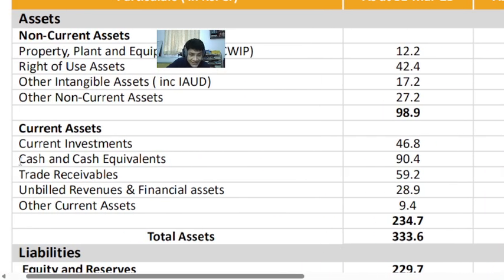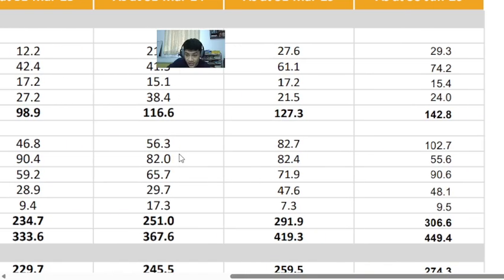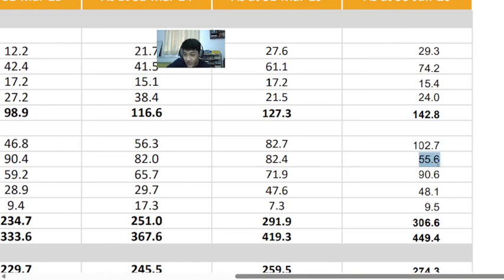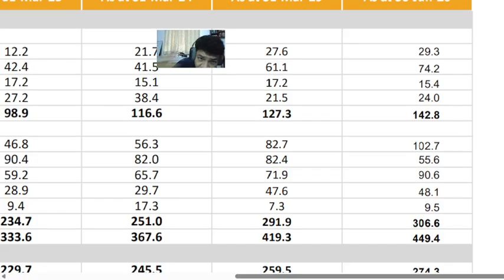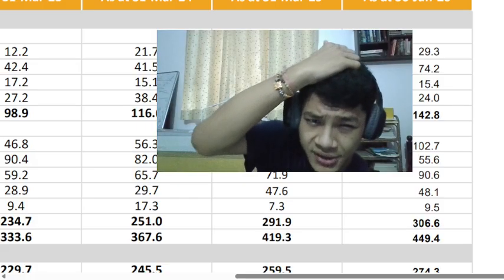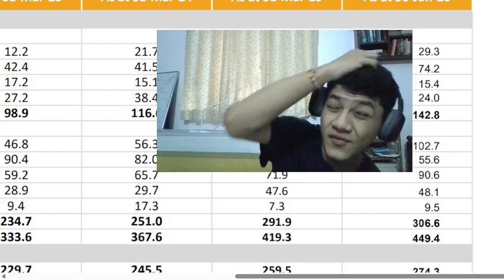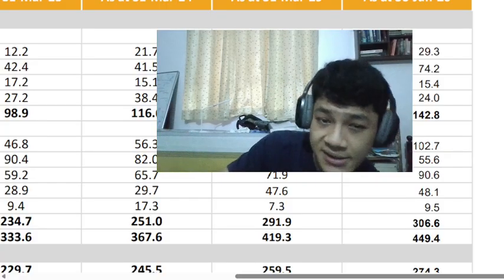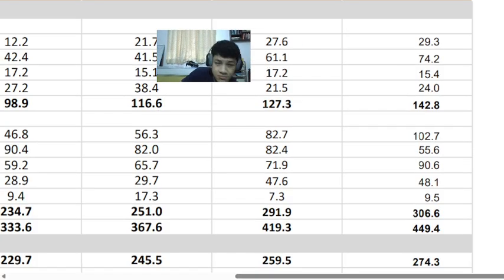If you take a look at cash and cash equivalents only, this company has 55 crores worth of cash and cash equivalents as of latest, for a company worth 1400 crores in market cap. So around 3 point something percent of market cap is in cash.